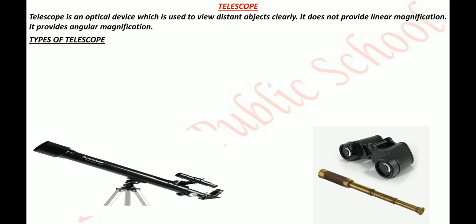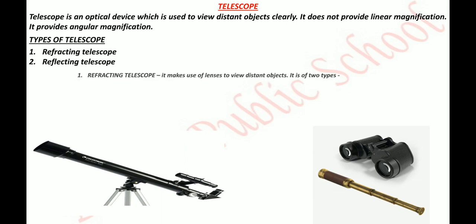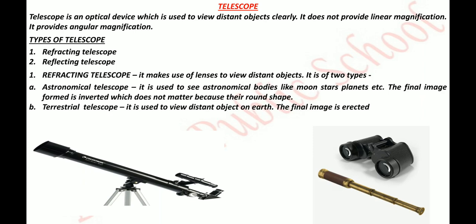Now, types of telescope. We have two types. One is the refracting telescope, the other is the reflecting telescope. Refracting telescopes use lenses to view distant objects. Refracting telescopes are of two types: astronomical telescope and terrestrial telescope. What is an astronomical telescope?